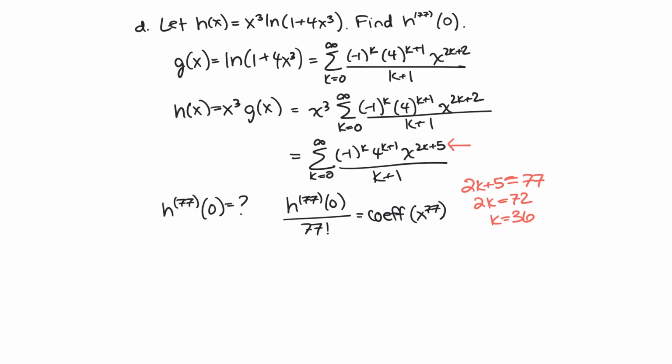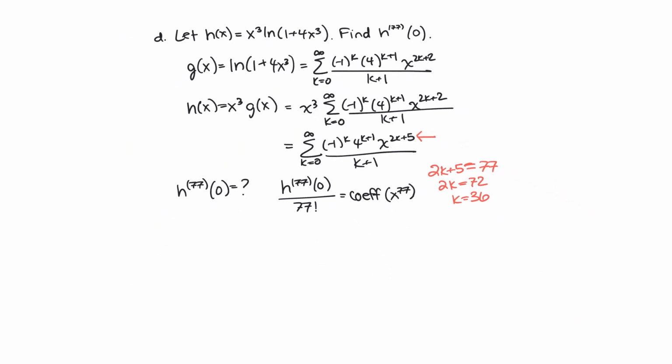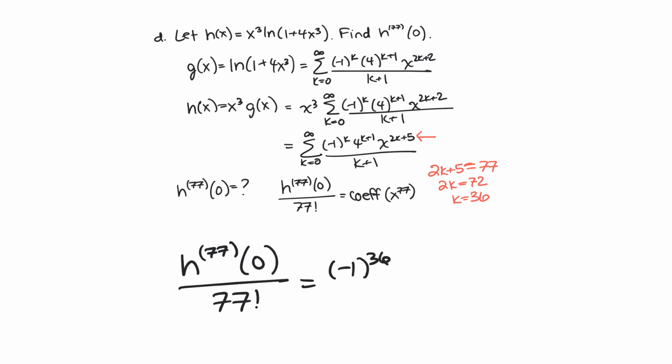So to get that, we're going to say the 77th derivative of h at 0 divided by 77 factorial is equal to, I'm going to plug 36 in for k now on the coefficient. So negative 1 to the 36, 4 to the 37 over 37.